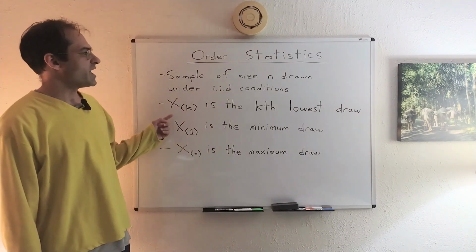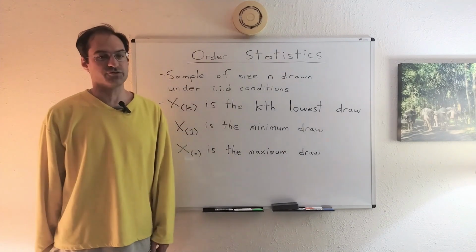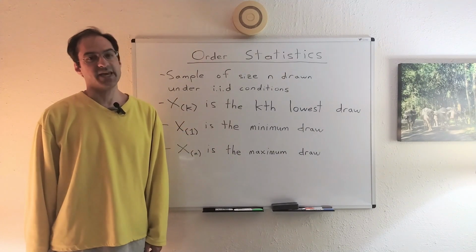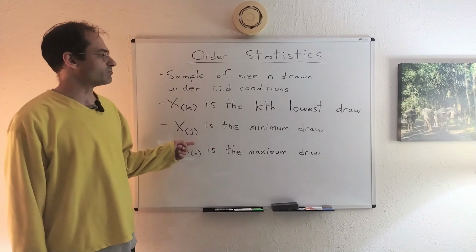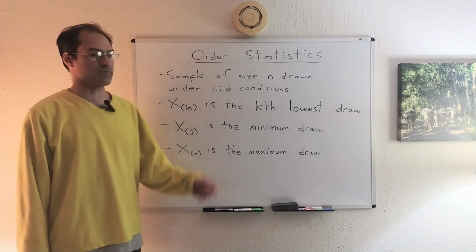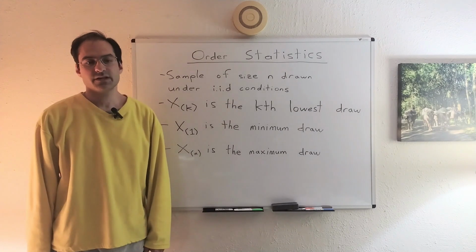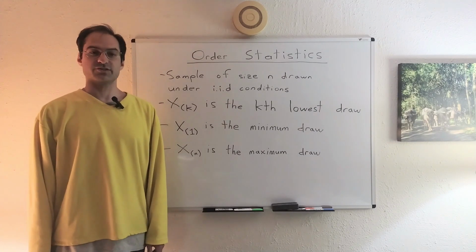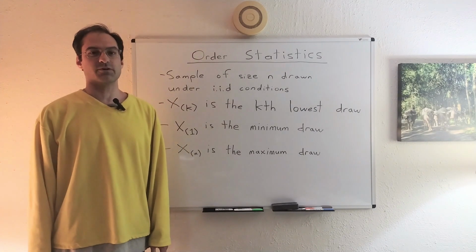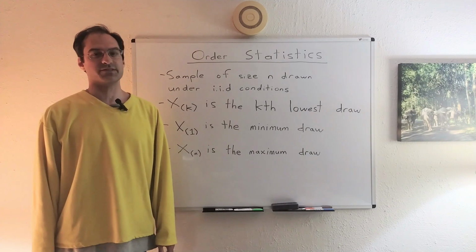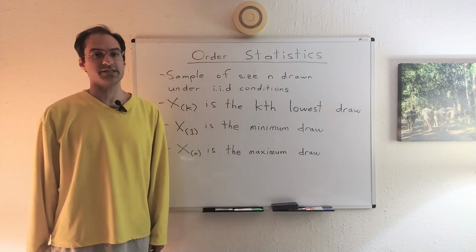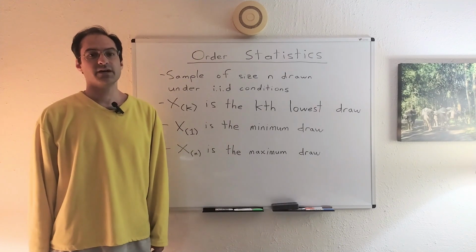And x_k is the kth lowest draw, or the kth order statistic. So x_1 would be the minimum draw, x_n is the maximum draw. The analogy people like to use with this is that of a race, maybe like a 100-meter dash, where we want to measure the performance of 10 athletes or however many were competing.